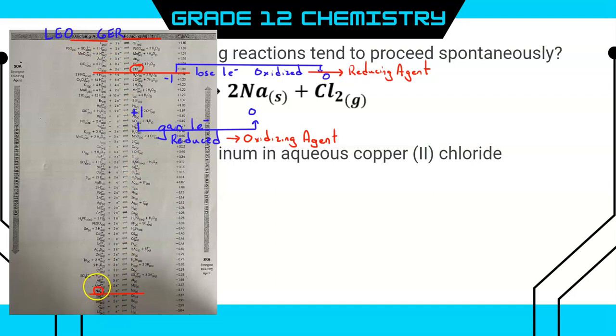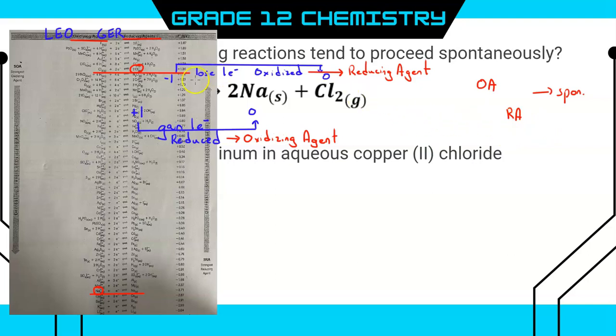Now, the spontaneity rule says that if the oxidizing agent on this chart is above the reducing agent, then the reaction will be spontaneous. However, if it's not, then it will not be spontaneous.